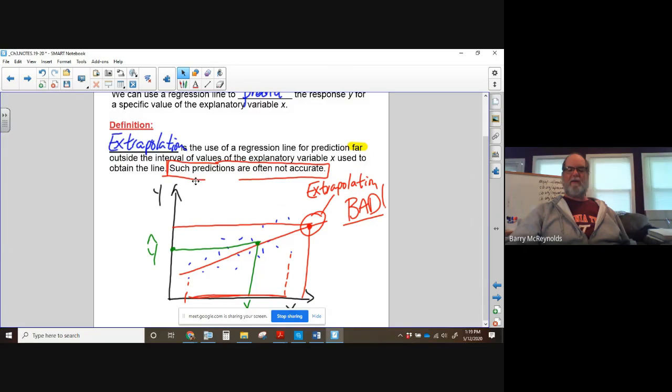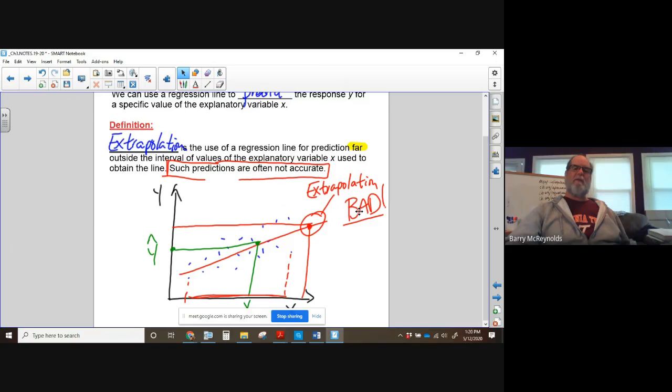So I kind of sketched something here. Here is the useful range of the prediction line. The far end of the explanatory variables to the left here, the smallest explanatory variables, and the largest explanatory variables. Anywhere in between this left post and this right post, it is perfectly acceptable to use y hat as a prediction line. But the minute you step outside in either direction, either far to the right or far to the left, you're extrapolating data.